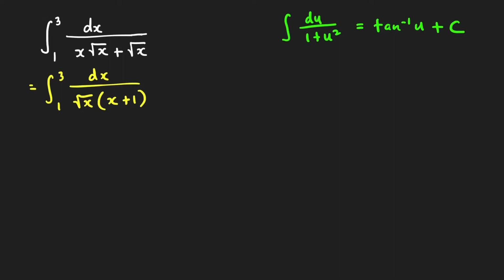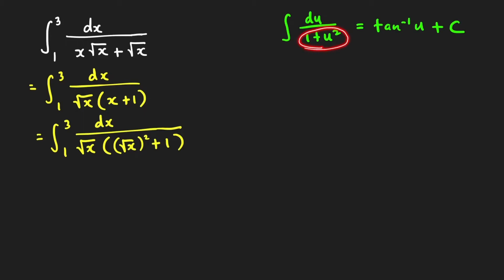So if we write this in that form, 1 plus u squared, then we'll get the integral from 1 to 3 of dx over square root of x times the quantity square root of x squared, plus 1. So now it is already in this form where u is equal to square root of x.